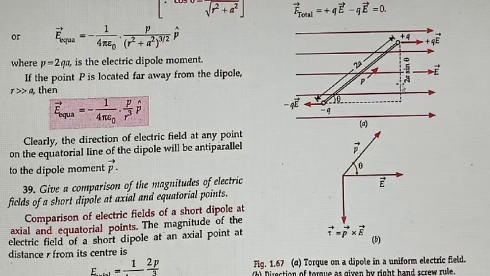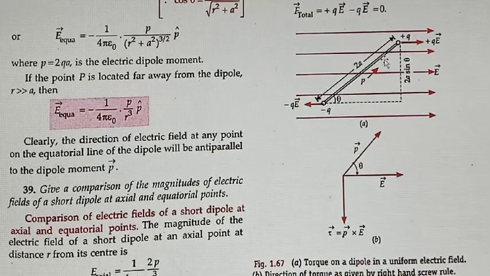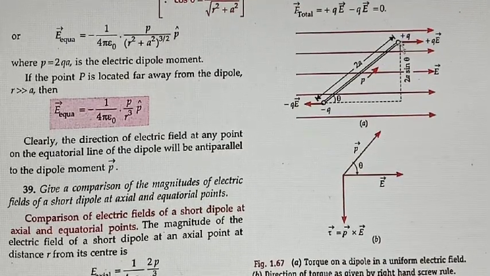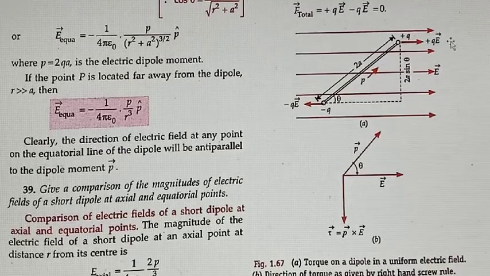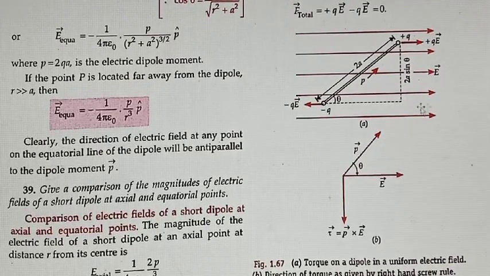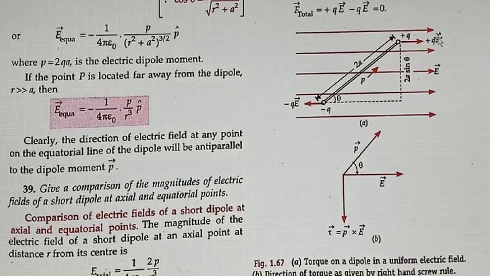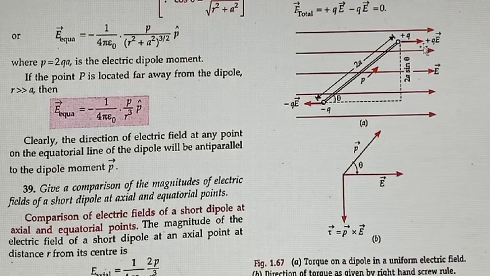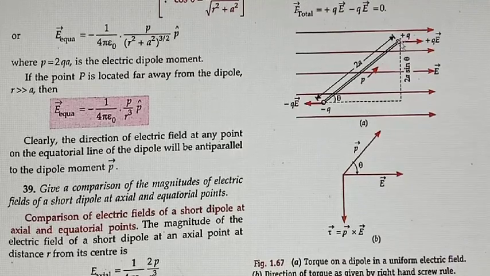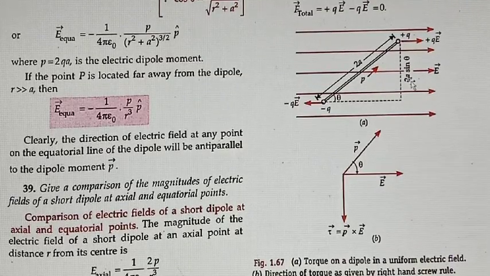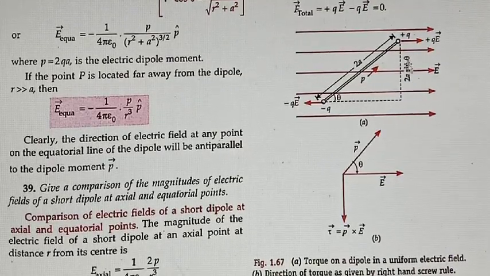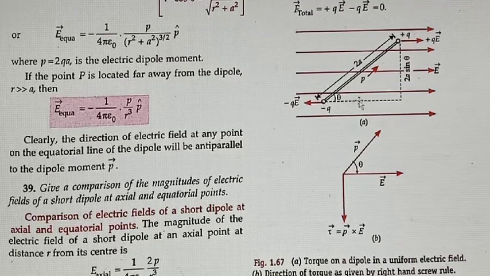But what is the amount of torque experienced? For that you have to find the perpendicular distance between these two force lines. This is one force line, and this is the other. In class 11 you already learned how to calculate torque. It is force multiplied by perpendicular distance. Now here force is QE, but what is the perpendicular distance here? Perpendicular distance is twice a sine theta. So how can you get twice a sine theta? See, this angle is theta.